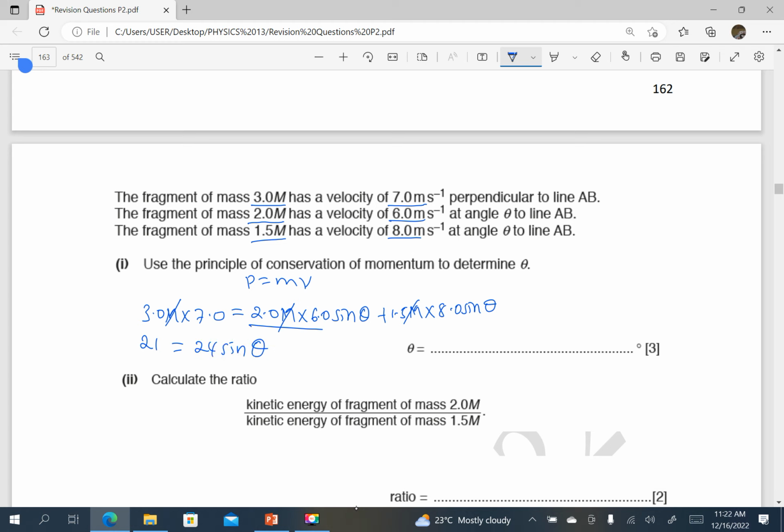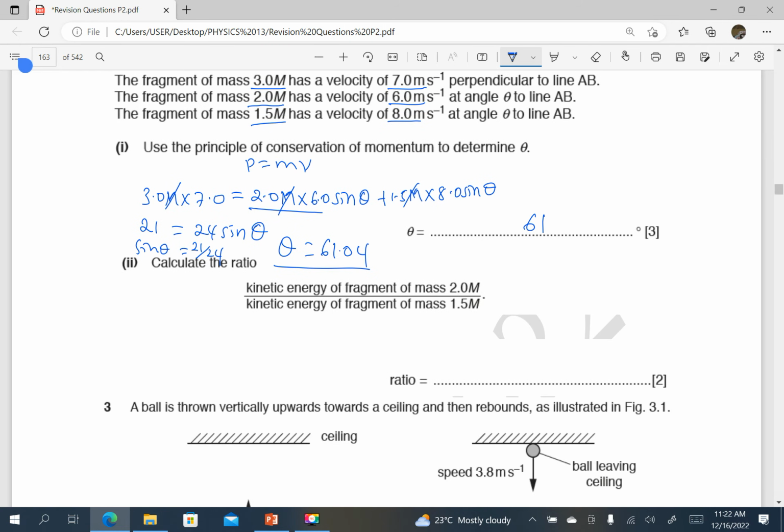So sine theta is 21 over 24. Then theta is the sine inverse of that, which is 61.04, or approximately 61 degrees. So that is theta.